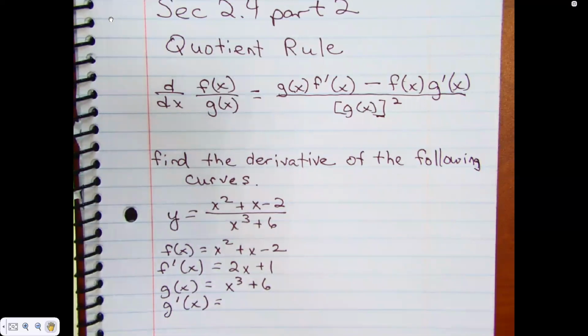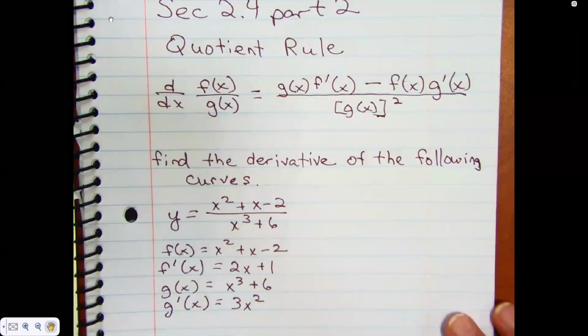And what is its derivative? 3x squared, roll it down, subtract 1, and 6 goes to 0. So it's always nice when you see a number, right? One less thing to worry about. Okay, good.